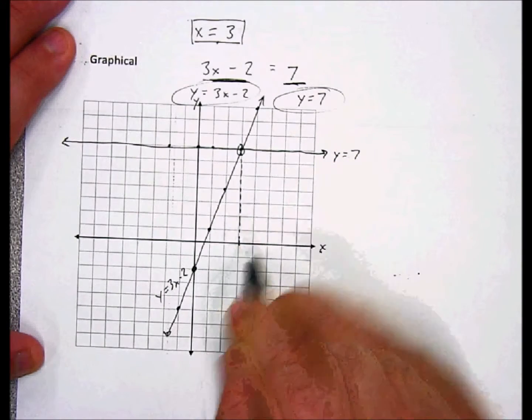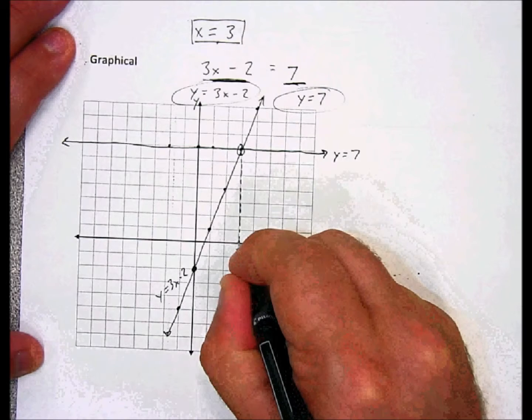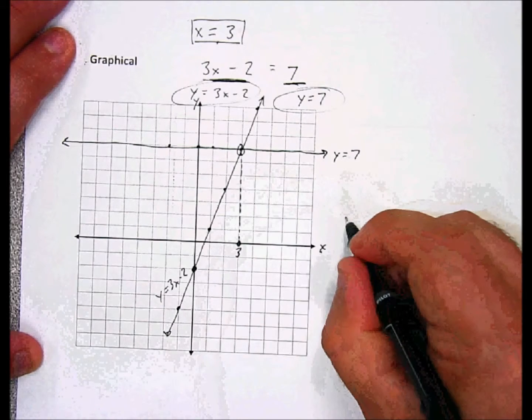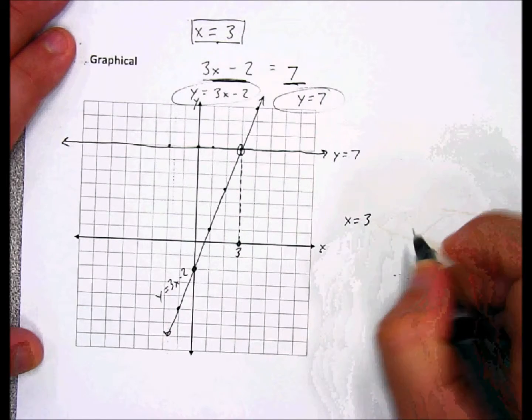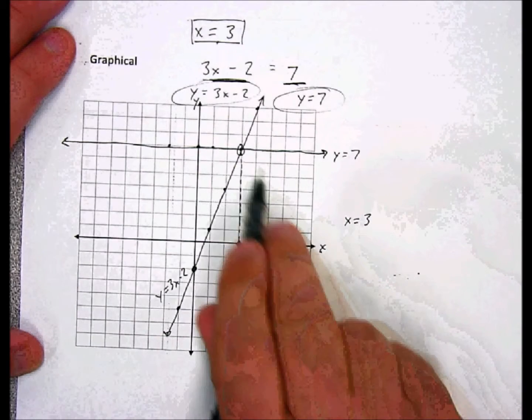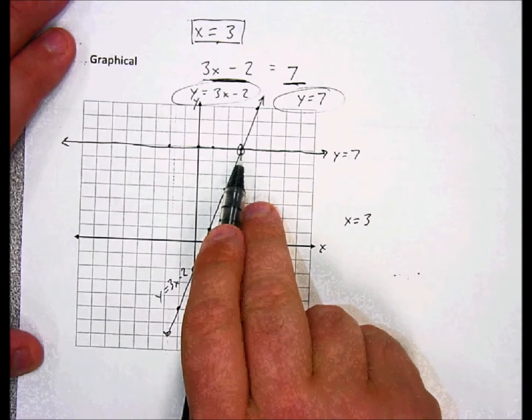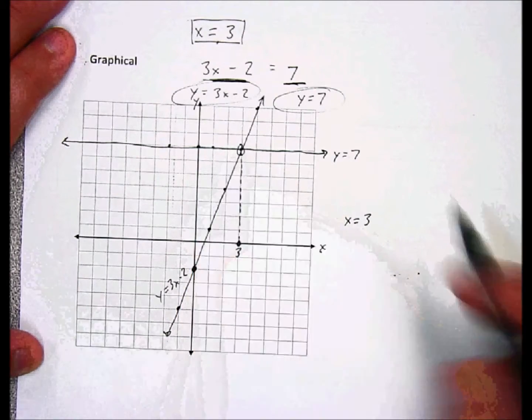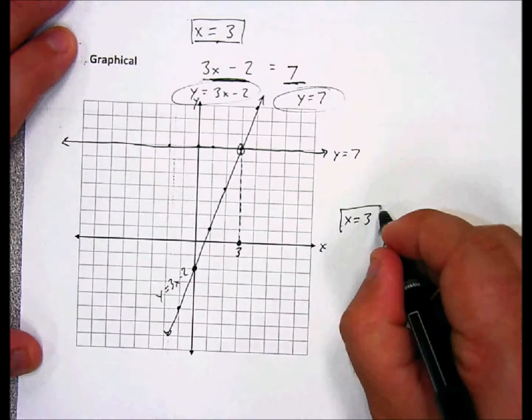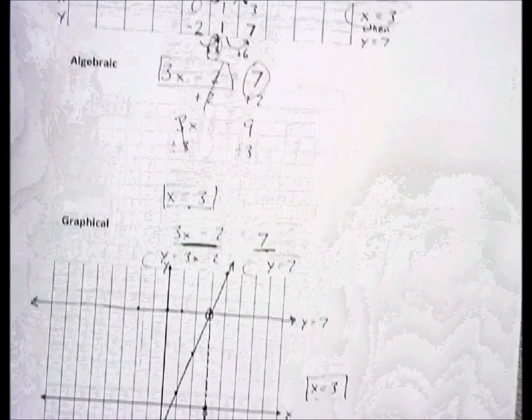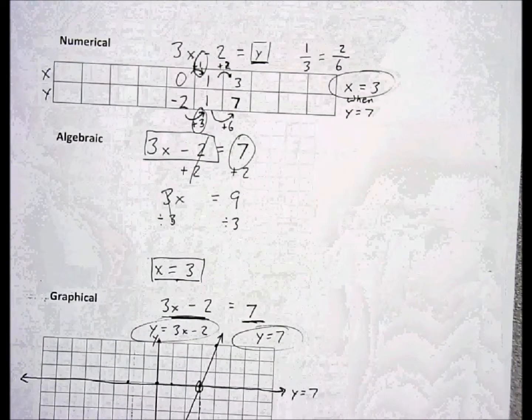Well, that was when x equaled 3, right there. So x equals 3 when the y value equals 7.